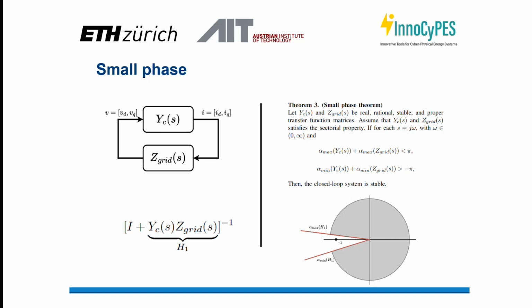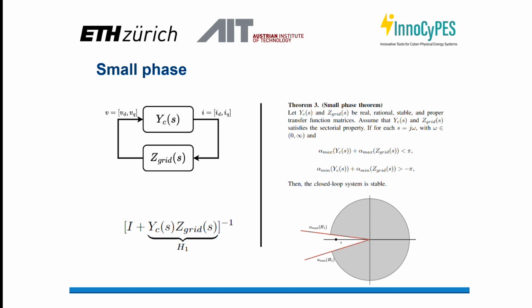One is the sectorial properties that I will explain in the following slide. But basically, we need to fulfill these two conditions. We have a maximum angle for YC and a minimum angle for YC. The sum of these two should be less than pi, and the sum of these two should be greater than -pi.